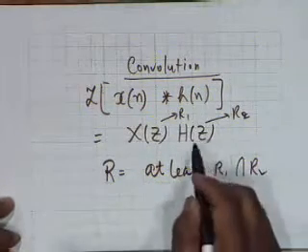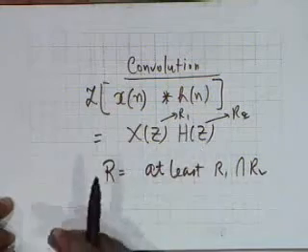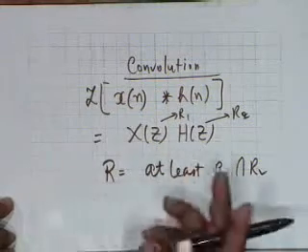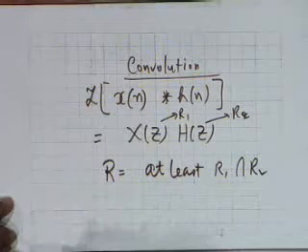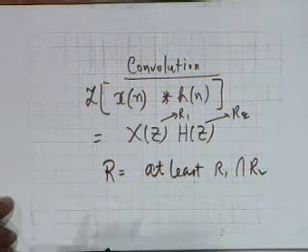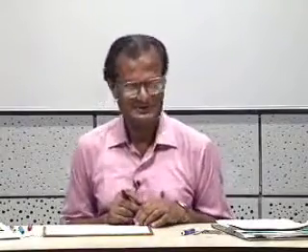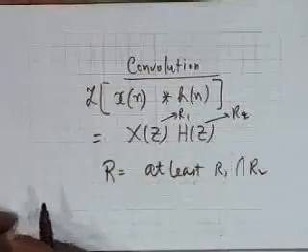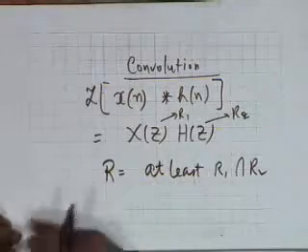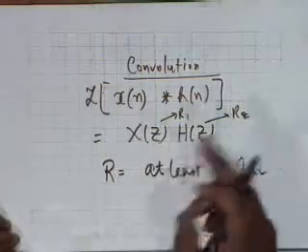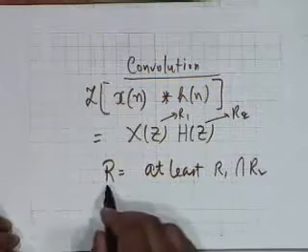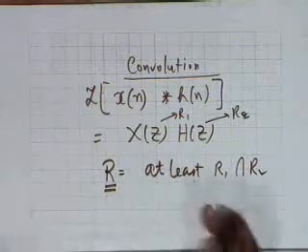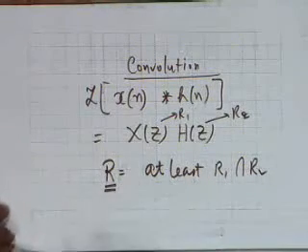For example, if H of z and X of z have reciprocal poles and zeros, that is, poles of one are zeros of the other. What is this relationship? Inverse relation. That is, if X of z and H of z are inverse with respect to each other, except for a multiplying constant, the new ROC could be as wide as the complete z plane.